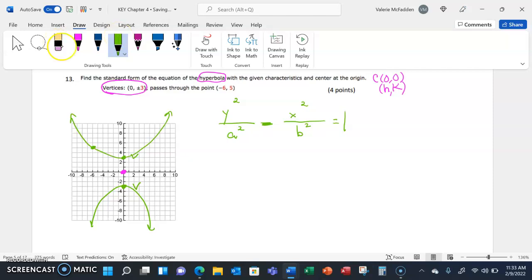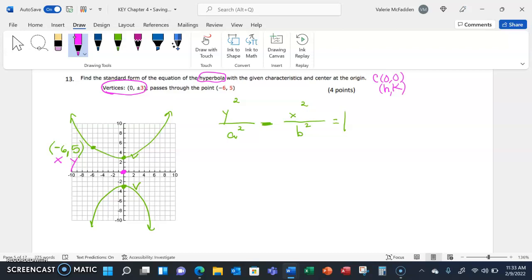And then the bottom one would be wider too, but I'm not going to take too much time. Anytime they tell you a graph passes through a point, you can plug that point in for x and y and figure out any missing information.